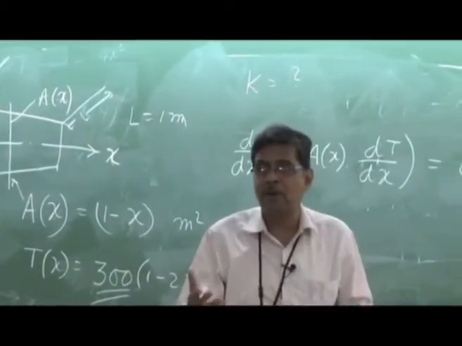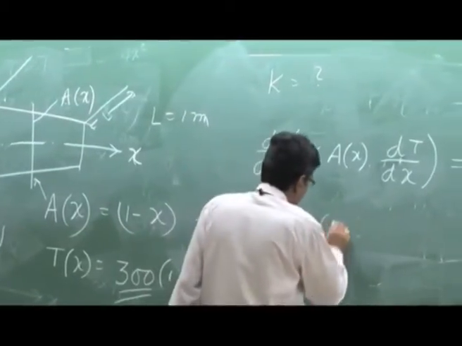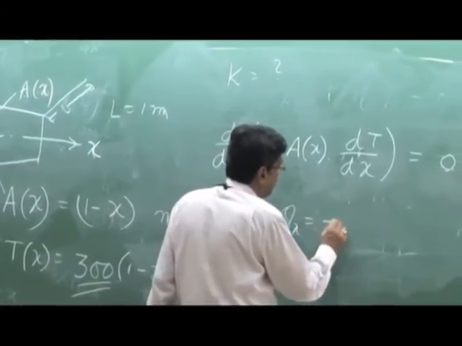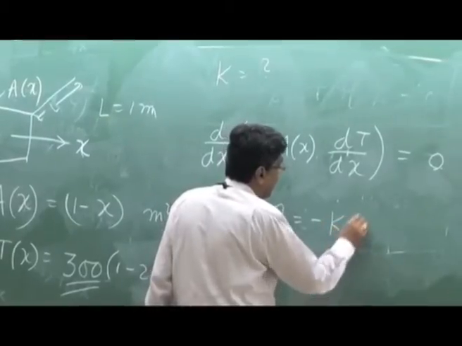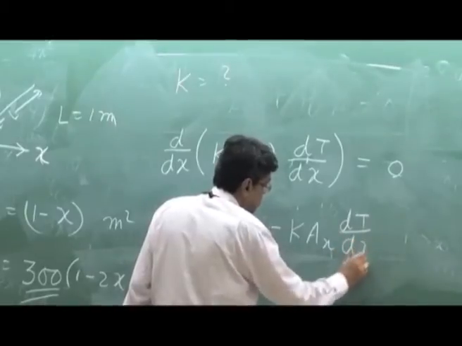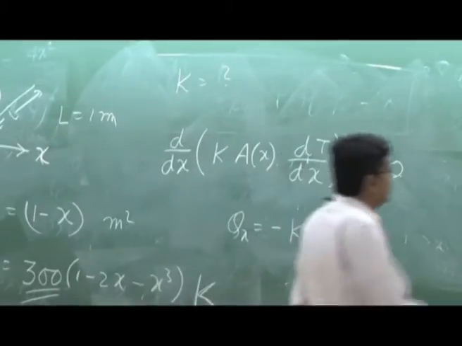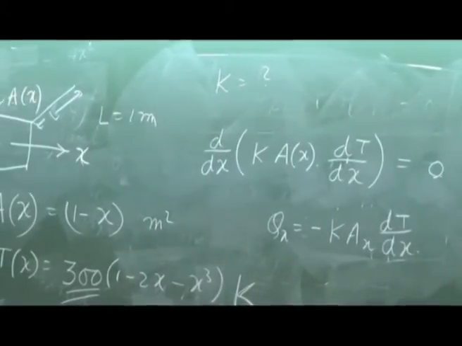The total heat transfer will be constant. That means Q(x), we have to use this equation, is minus K A(x) dT/dx. Because Q(x) is given, we write this equation and find the value of K.